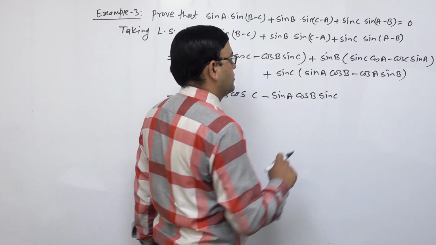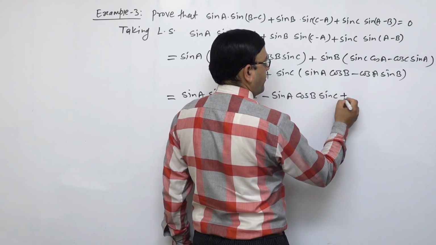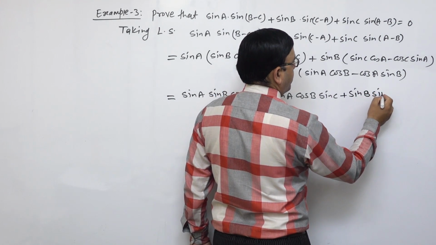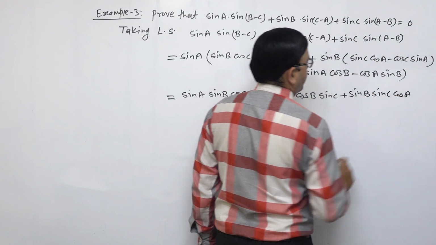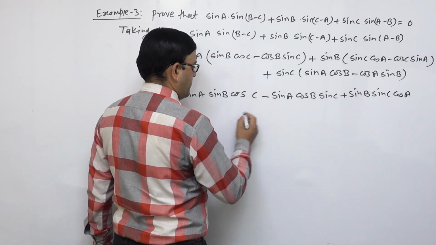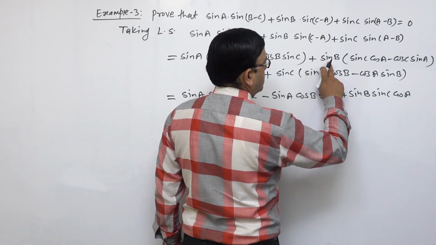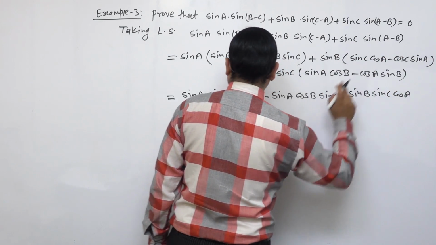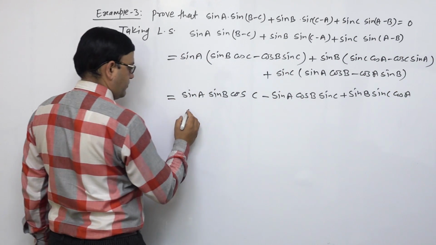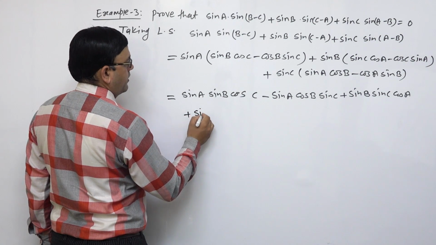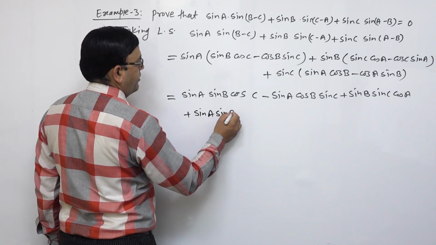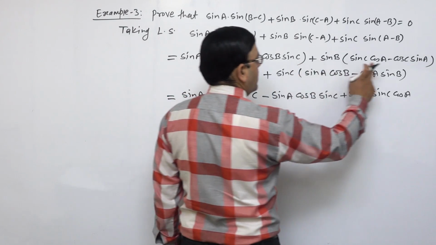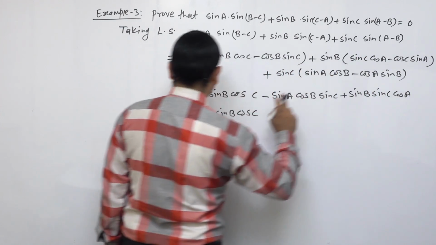Now let's open by sin B again, plus sin B sin C cos A, and then again plus, we can open by this sin B, this is sin A sin B cos C, plus sin A sin B cos C, plus and minus became minus.